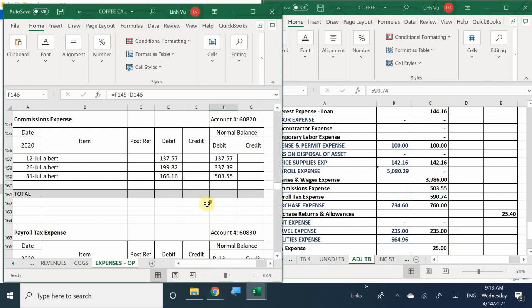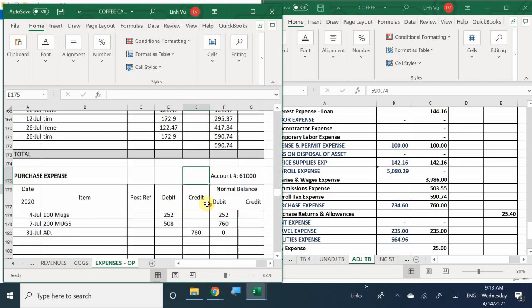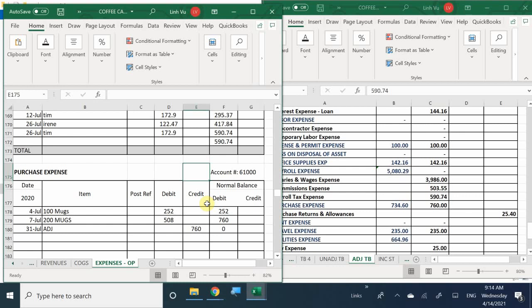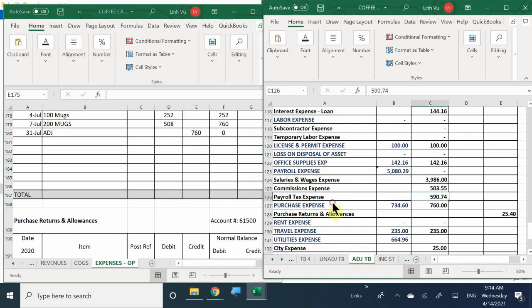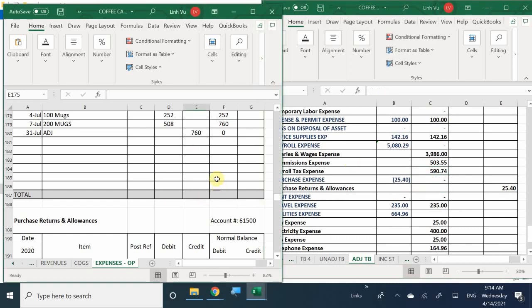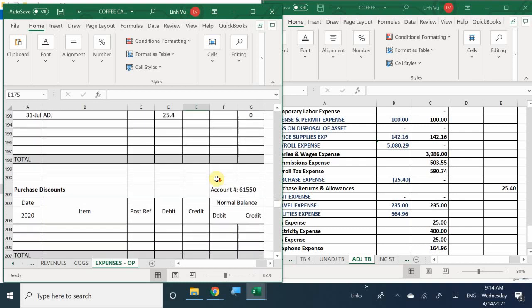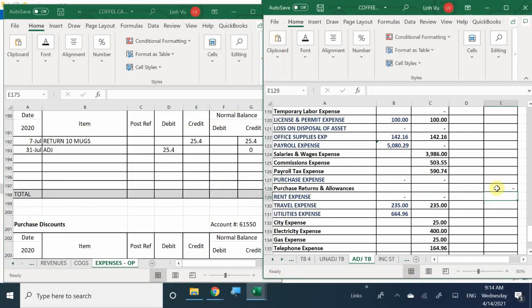And of course, we didn't pay anybody, so our tax expense should be the same. All right. And then next we have purchase expense. So, what account balance is in my purchase expense? Should be 0, including my purchase returns. Any purchase discounts, they're all going to be 0.